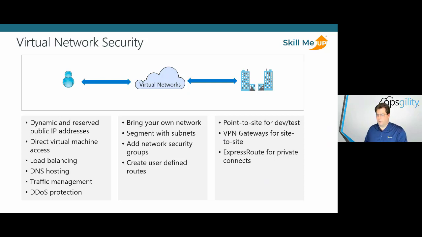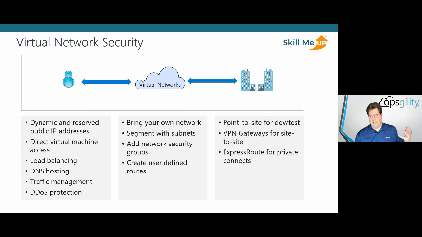And like I said, bring your own network. We can utilize the same schema that we use on premises, continue that on, and provide VPN connections to our on-site environment. We can utilize security groups to allow inbound and outbound traffic, and set up specific routes within our environment as well.